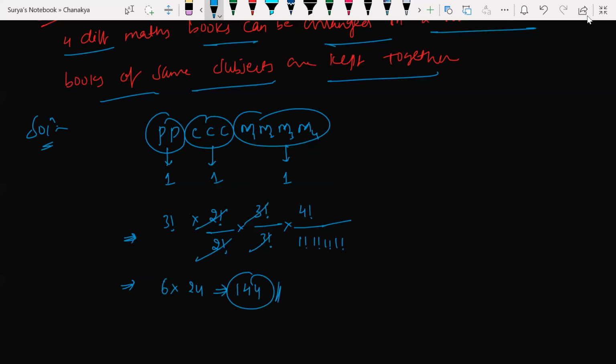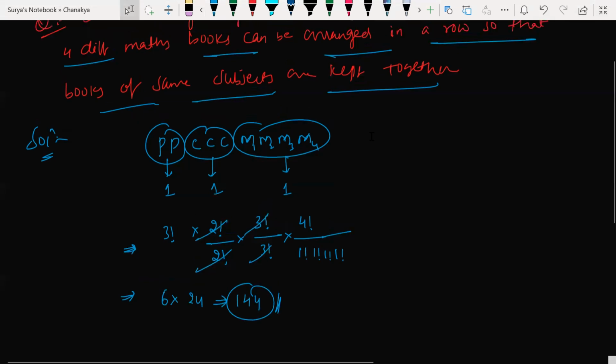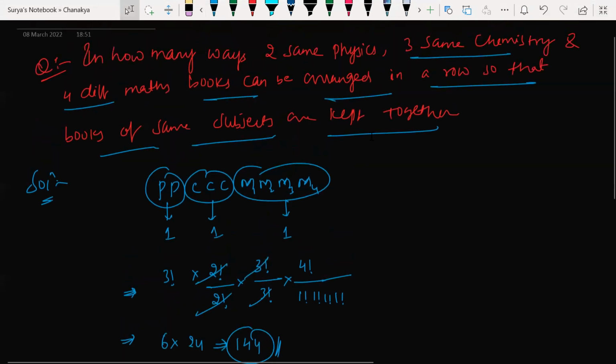This is my answer: in 144 different ways the books can be arranged in a row so that same subjects are kept together. Hope it is clear.